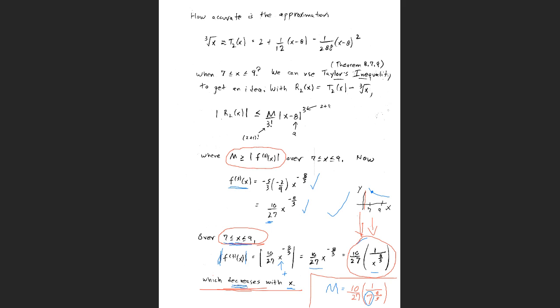Okay, are there any questions on that? Please. So when you find that value of M, you have to determine whether the absolute value of the derivative you're looking at, in this case the third derivative, is increasing or decreasing, because that's going to determine how you find your M value. And for your final exam, if you give me an M value, I need you to justify why you're picking that M value.